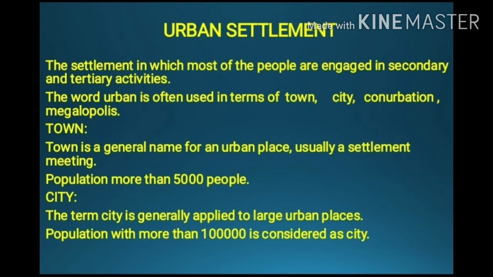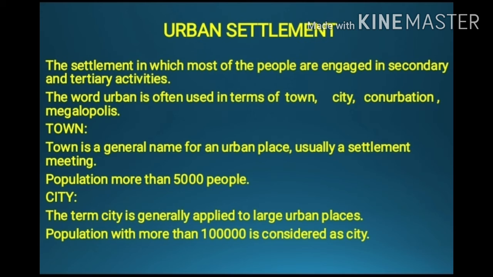Classification of urban settlement. The definition of urban area varies from one country to another, depending upon the size of population, occupational structures, and administration. So, the size varies depending upon these features.